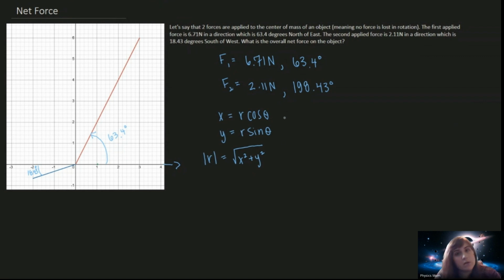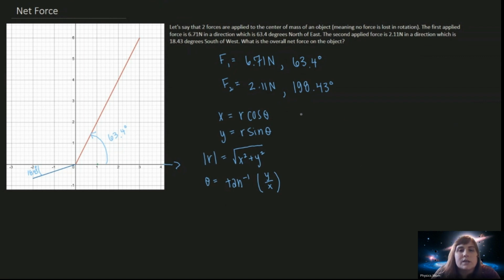And the final angle theta is going to be the inverse tangent, or arctangent, of my opposite, which is y, over my adjacent, which is x. These equations are going to give me everything I need to know about this problem.